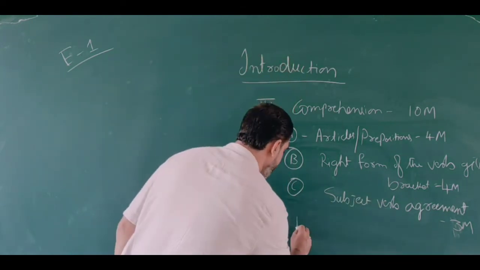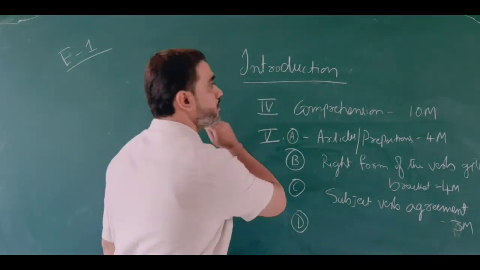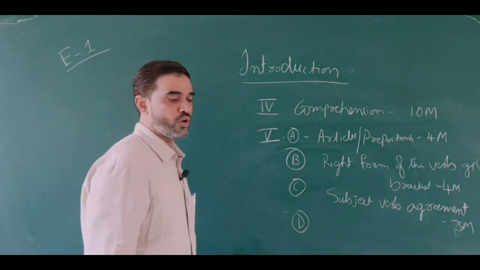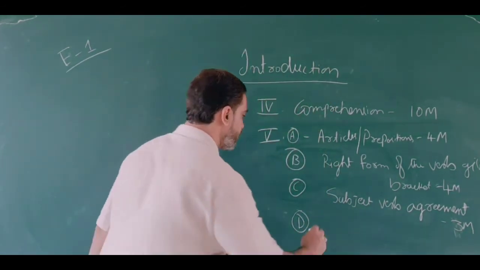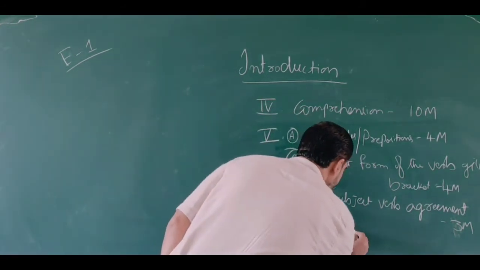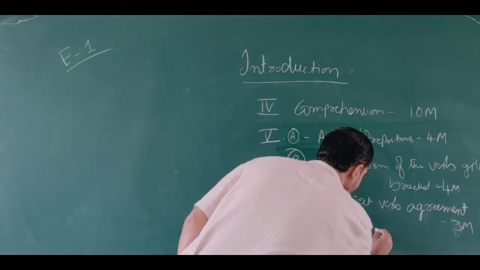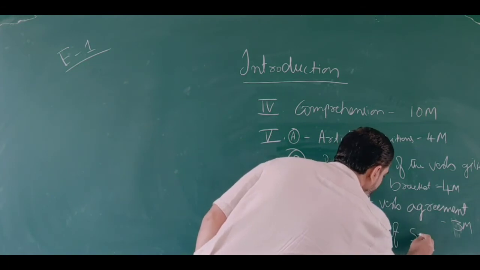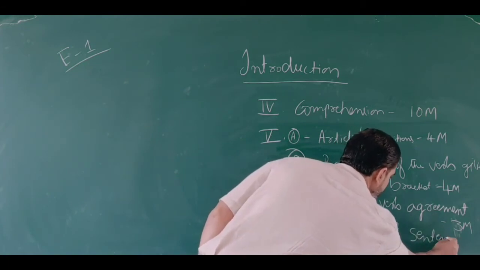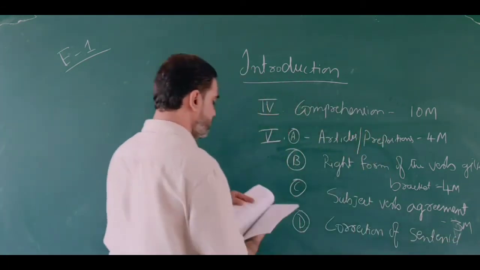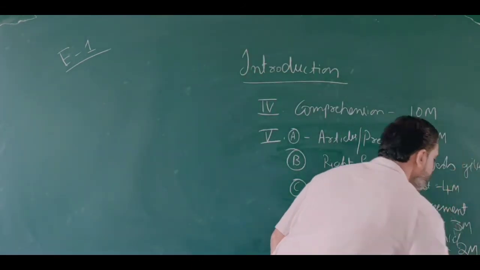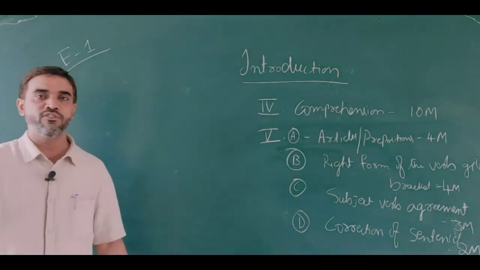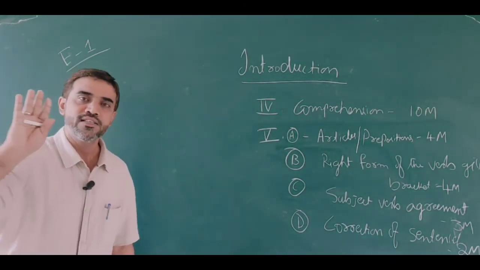Then question number D under 5th main. What you are going to do here is nothing but correction of sentences. I think this question will be for 2 marks. There are 2 sentences given with some errors.